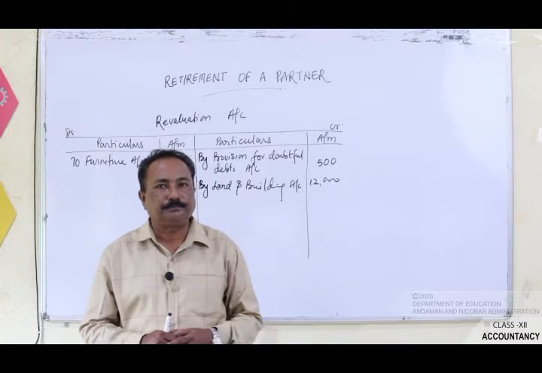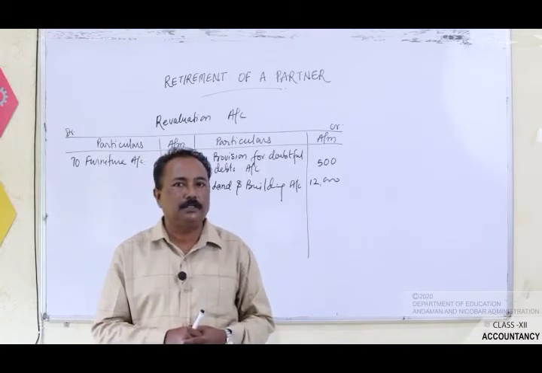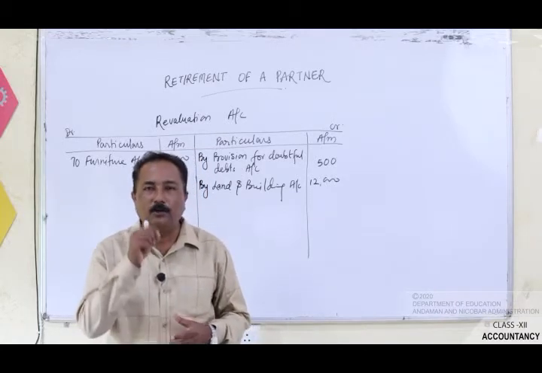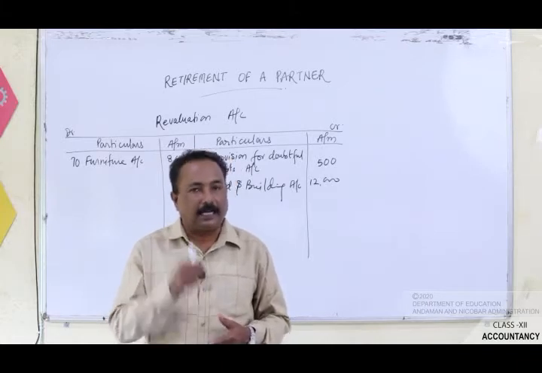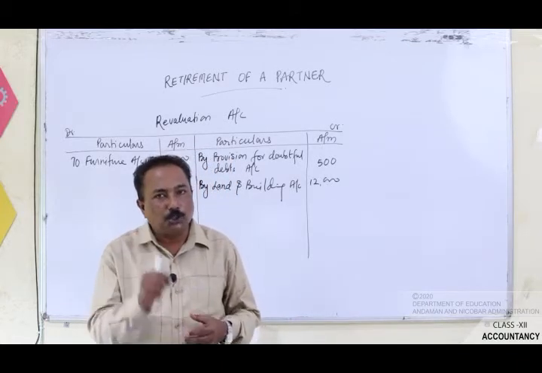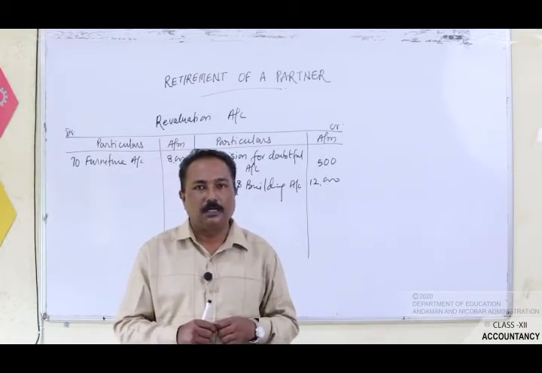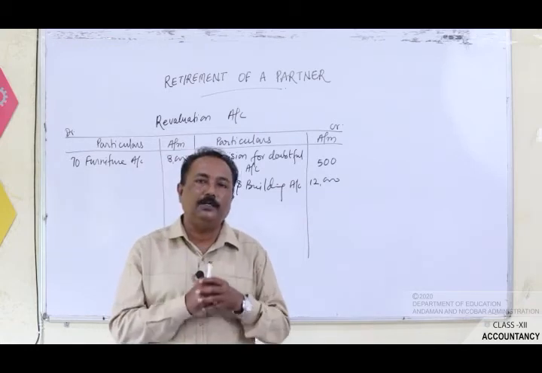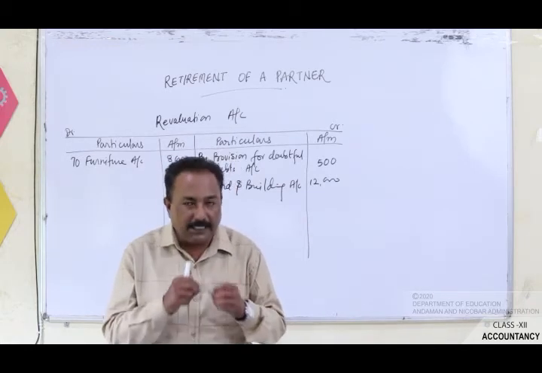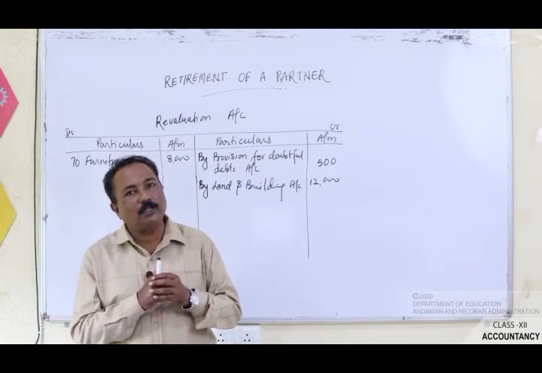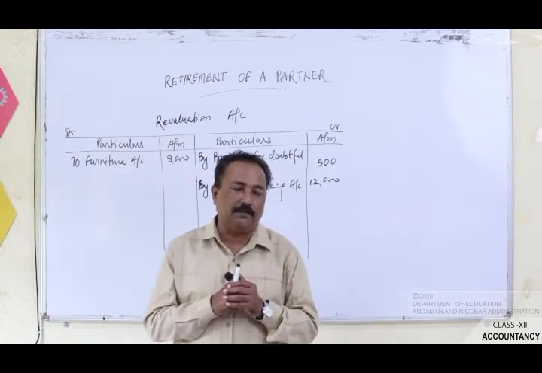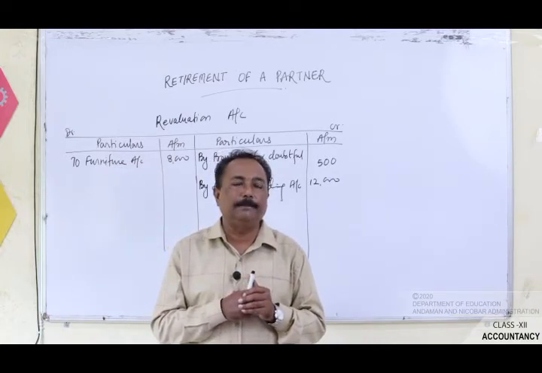There is one additional information, and that is about the rent outstanding. Rent outstanding is not shown in the old balance sheet. Now, you have to take it into account. Here we will have to record the rent outstanding, which is a liability.